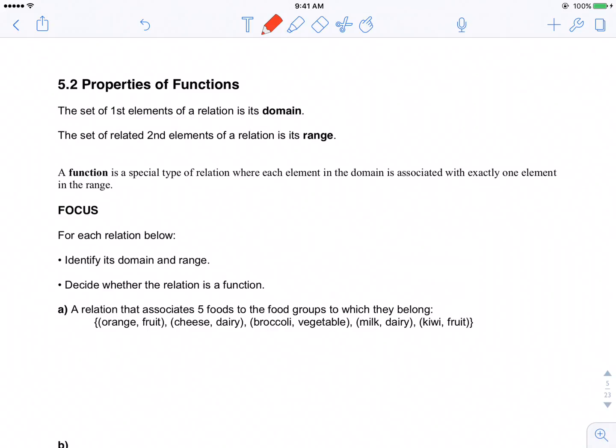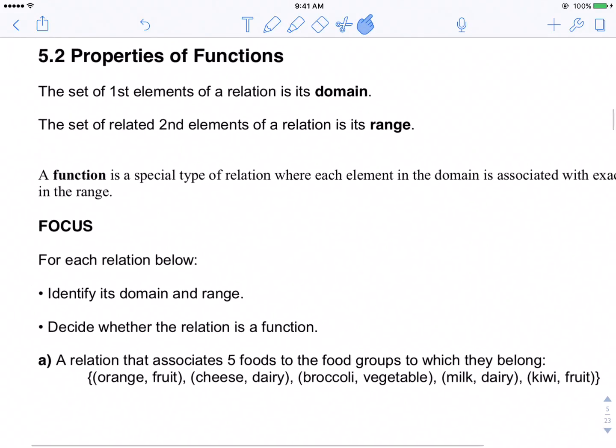Today we take that a little step further, and instead of calling those things sets, we call them what we are eventually going to refer to as the domain and range. By definition, the domain is the first set of elements in a relation, and the range is the second set of elements in a relation.